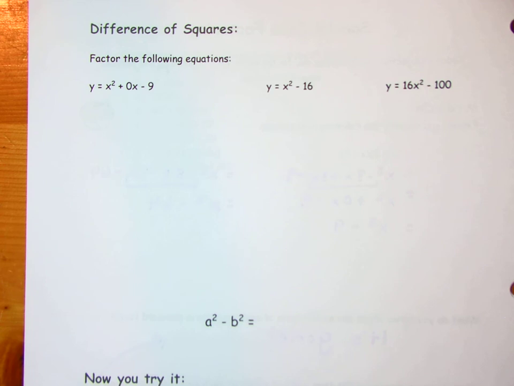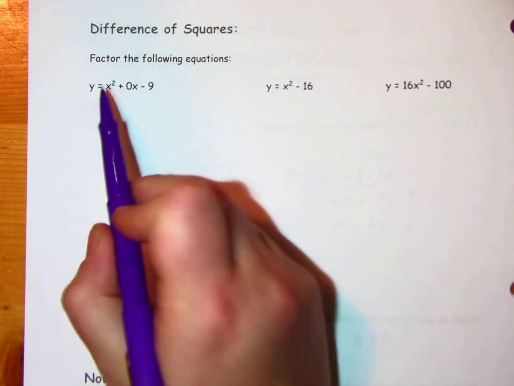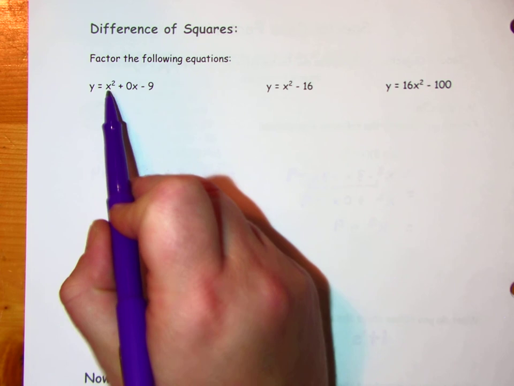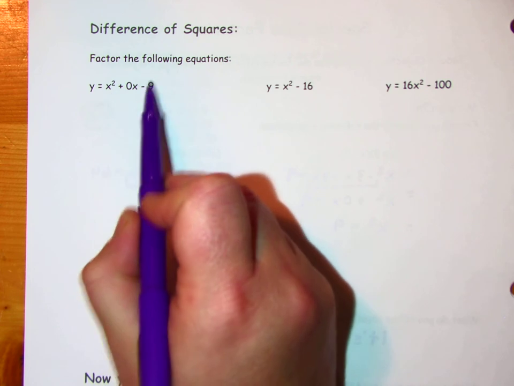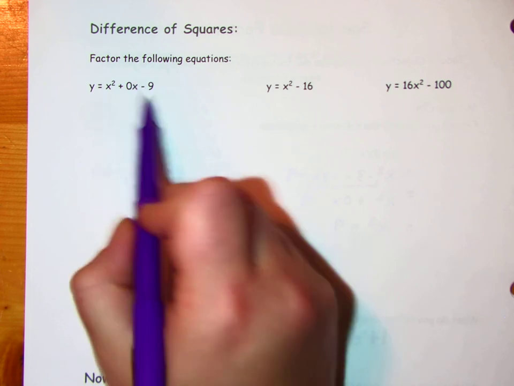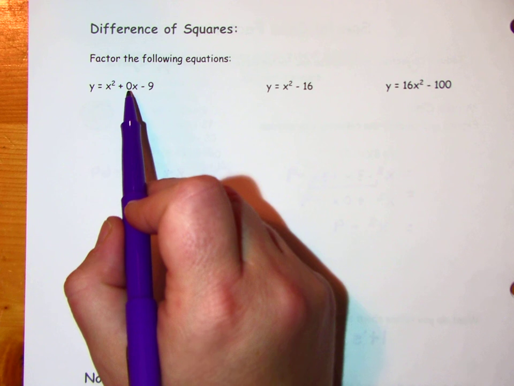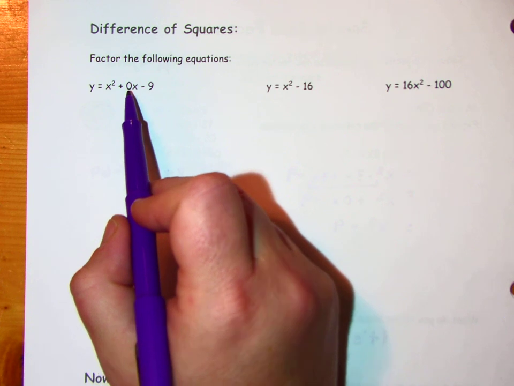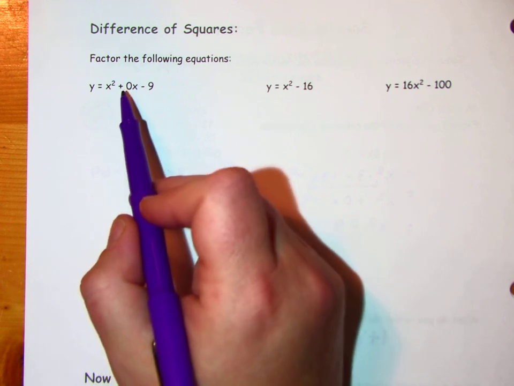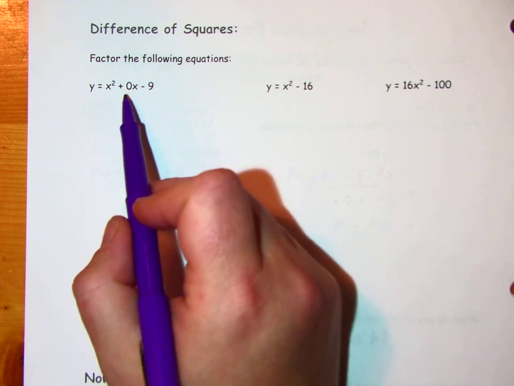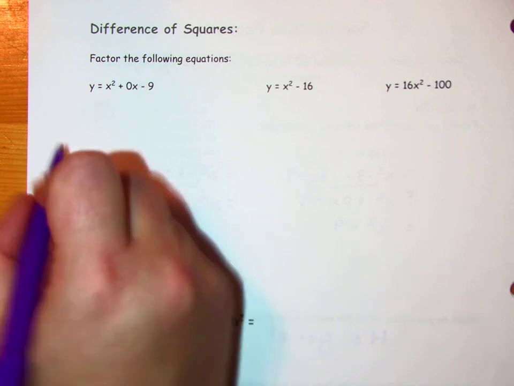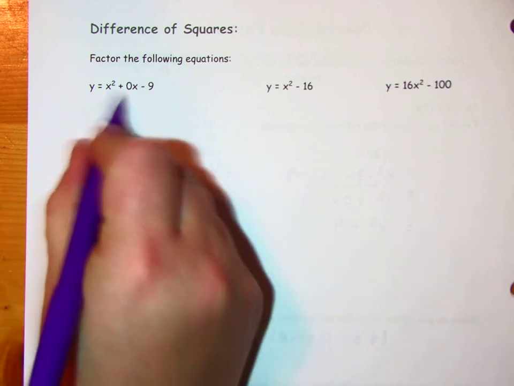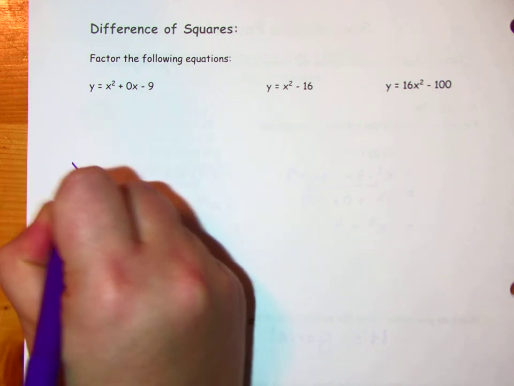For the first one, I've put in the 0 here because if you recognize that you have a squared term and then a constant, but you don't have a middle term, you can put 0 in, and that will allow you to use the crisscross method. So if I'm using the crisscross factoring method, I could say, well, what two numbers multiply to x squared?